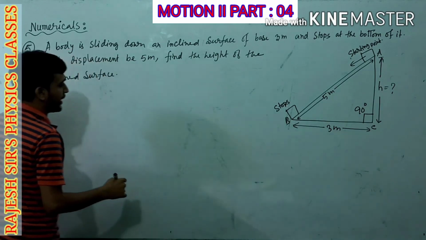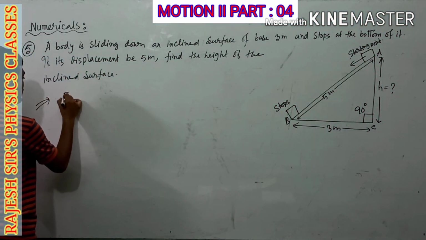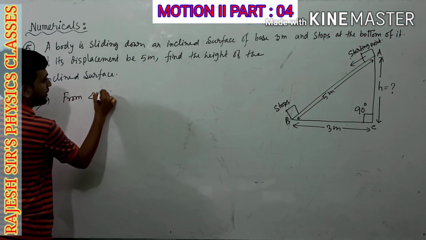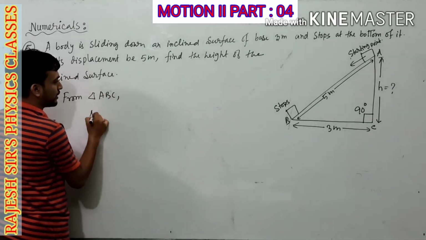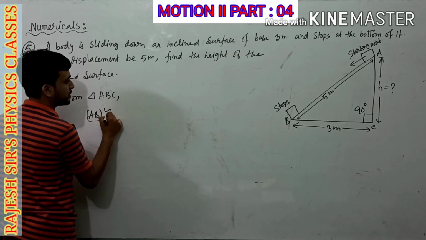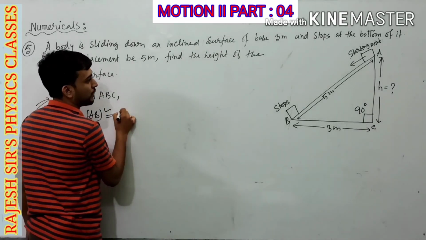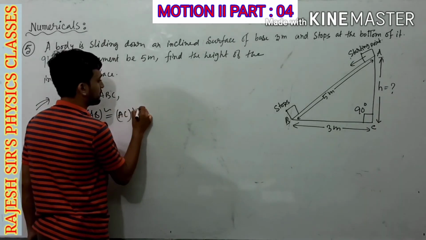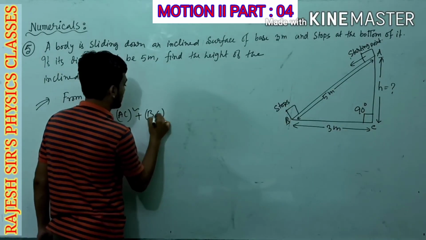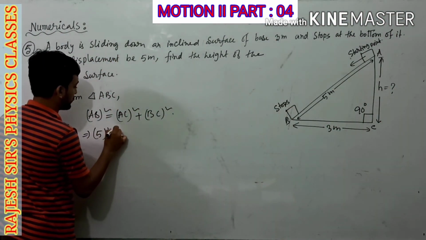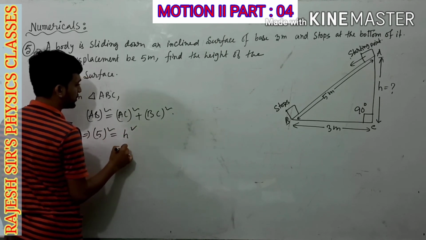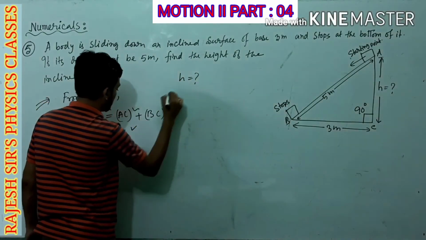So from right angle triangle ABC, we can write hypotenuse square is equal to perpendicular square plus base square. What is AB? AB is 5 square. AC is H, H we need to find out.